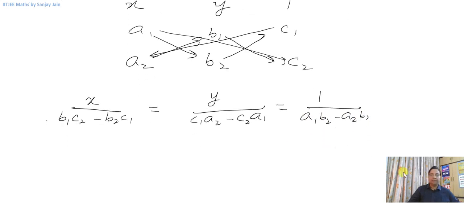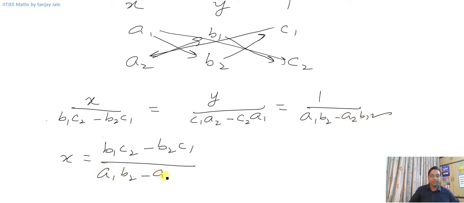So x will be equal to b1 c2 minus b2 c1 divided by a1 b2 minus a2 b1.